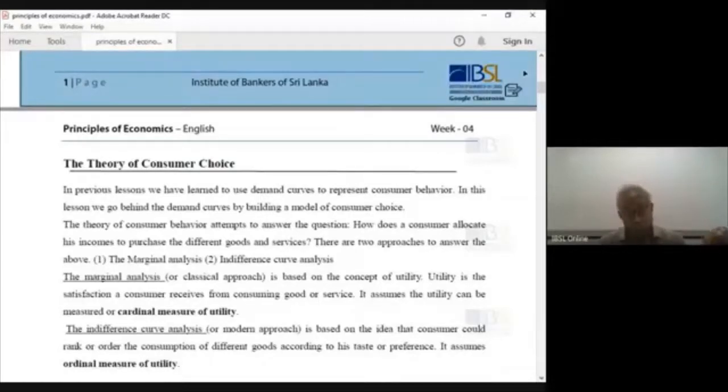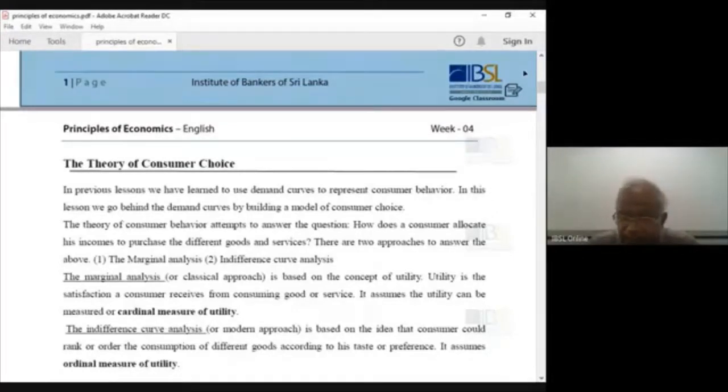When you eat 2 chocolates, how many units of satisfaction? 3 chocolates, how many units of satisfaction? Like that, can we measure? So when economists developed the model about the consumer, initially they assumed, yes, utility can be measured.